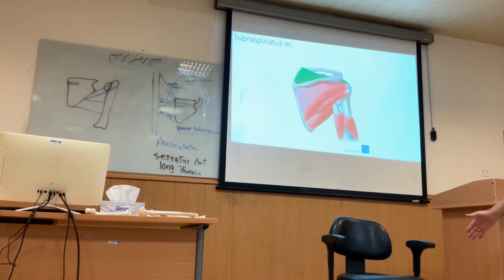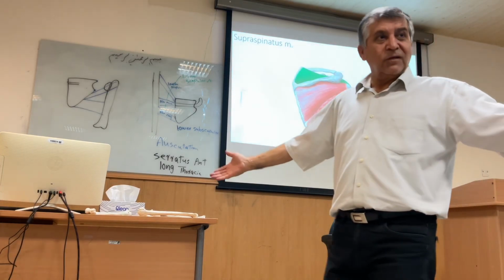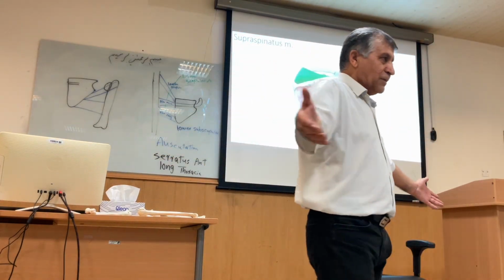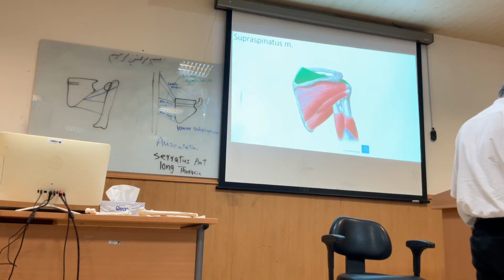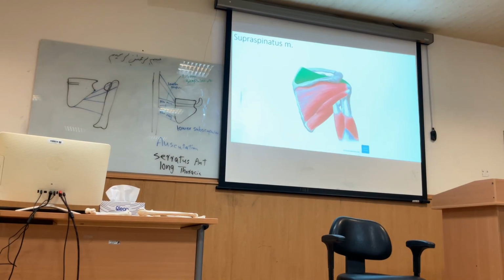Medial rotation and adduction is the normal position, because the medial rotator and adductor muscles are large and their number is high. Four muscles are involved in adduction and medial rotation.